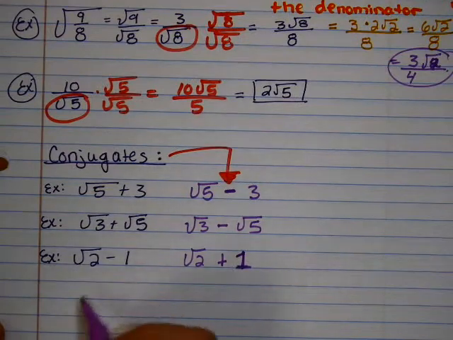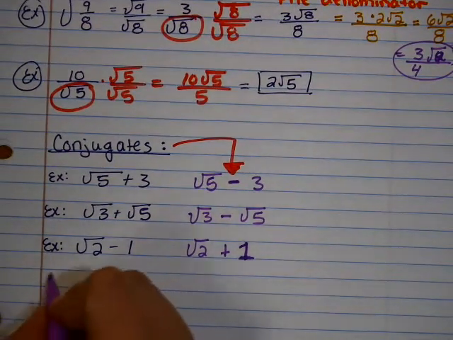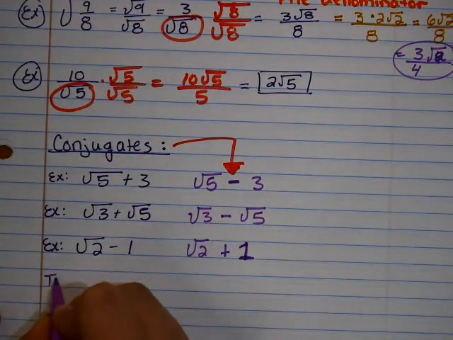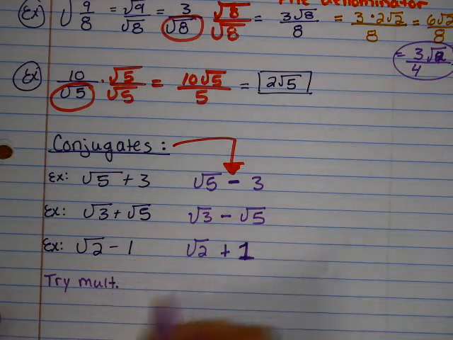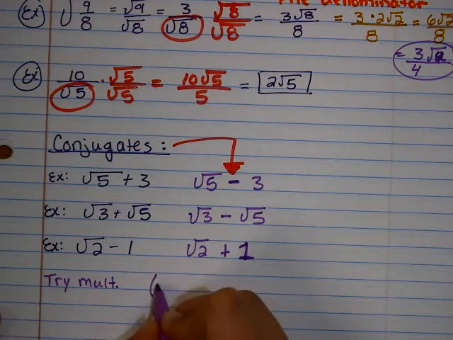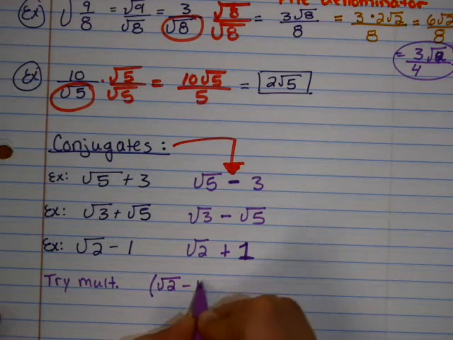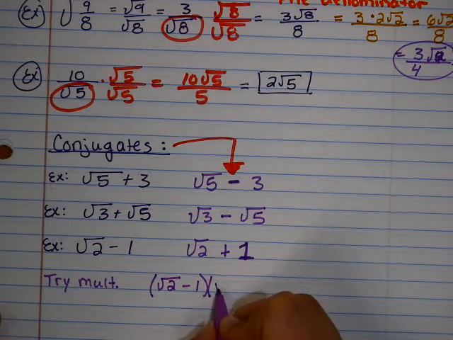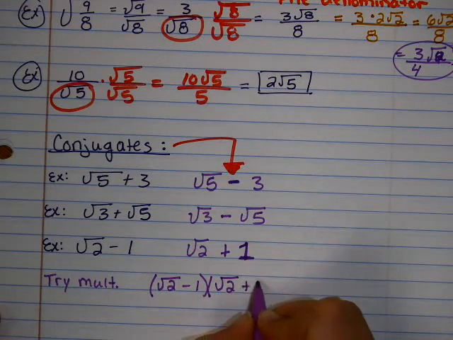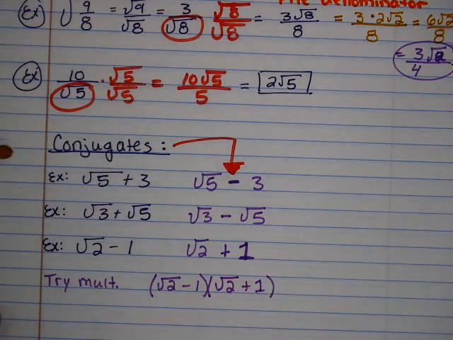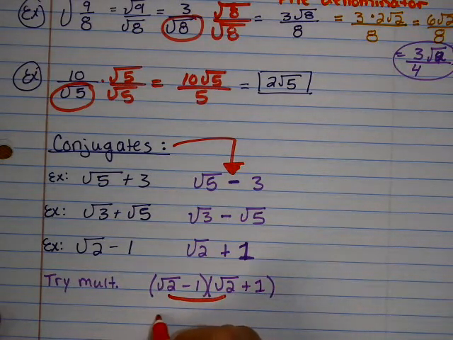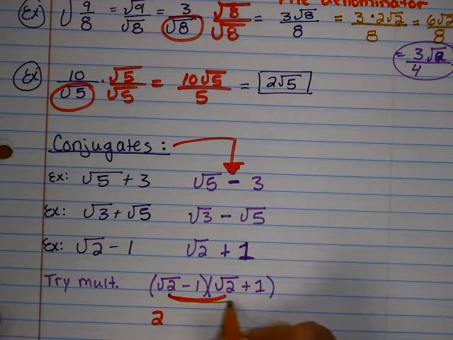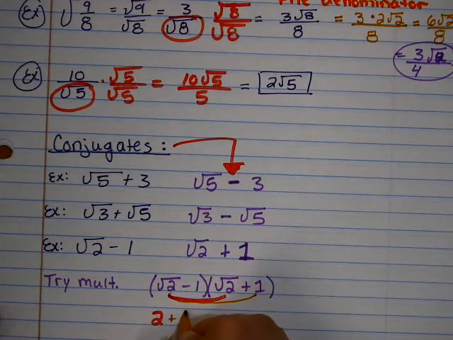So let's take this example that we just did and multiply. So try multiplying them. So the square root of 2 minus 1 times the square root of 2 plus 1. Alright, so now let's take the square root of 2 times the square root of 2. We know that is 2. Square root of 2 times 1 is positive square root of 2.